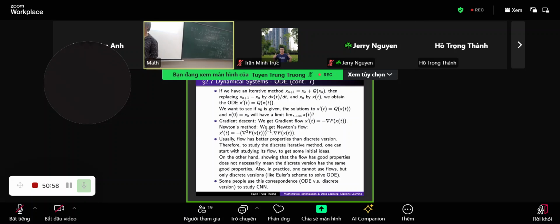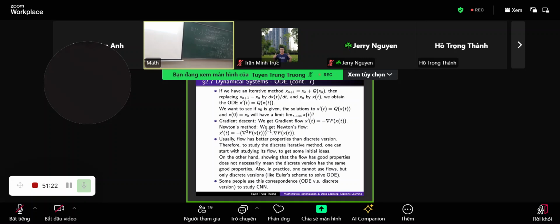It's like an iterative method, and they think about the relation between two layers. If they have the same dimension, you think of it as a discrete version of a flow, and then they study the flow, and maybe they can prove that this kind of flow is better.